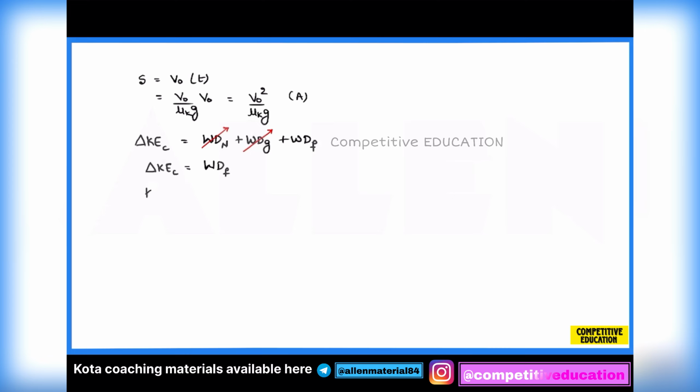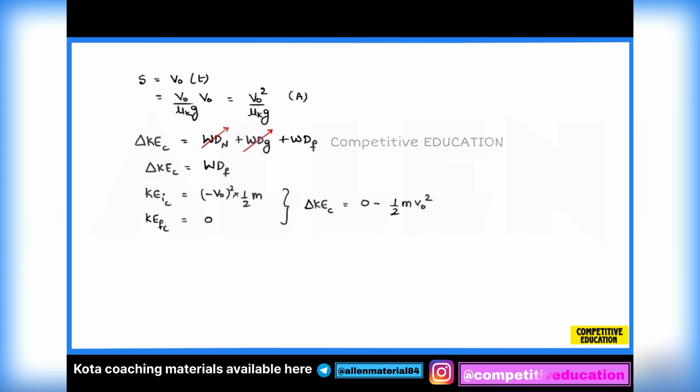Now kinetic energy initial in conveyor belt reference frame will be half m into minus v0 square, and kinetic energy final in conveyor belt frame will be 0 because they both start moving with the same velocity. So the relative velocity will be 0. From these two I can write change in kinetic energy with respect to conveyor belt will be kinetic energy final, that is 0, minus kinetic energy initial, that is minus half m v0 square.